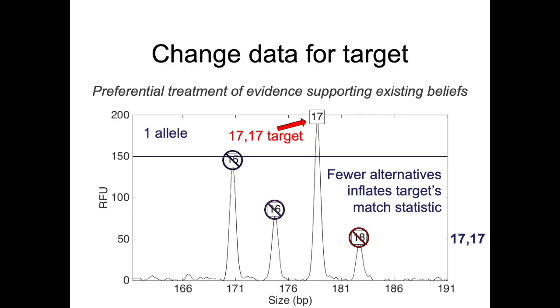It looks like a virtual certainty that it's the target if the data are changed to this extent. Fewer alternatives, going from 10 alternatives to just 1, inflate the target's match statistic, and can produce apparently strong DNA evidence against the wrong person.